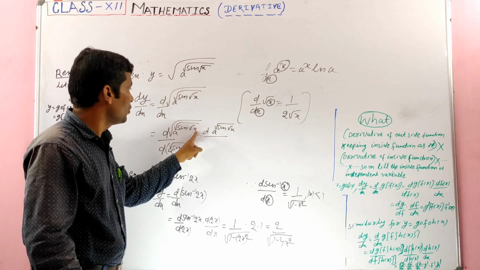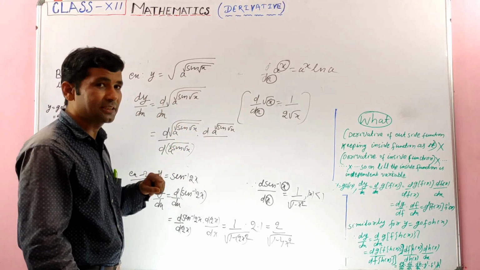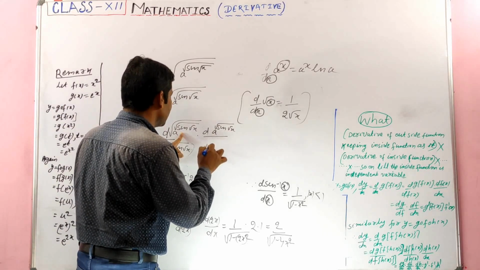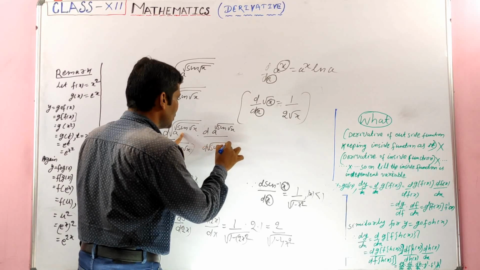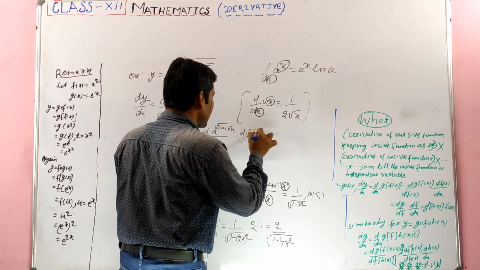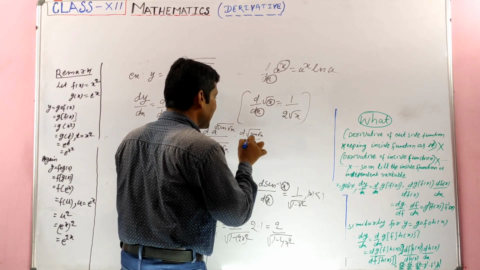Root sine root x. This is not exactly the independent variable x. So you have to adjust again. Therefore this is written as d of sine root x root. Since it is divided, it should be multiplied: d of root sine root x by dx.